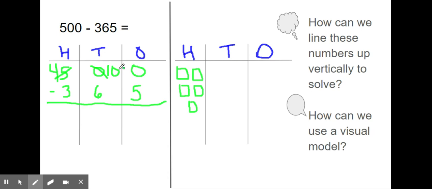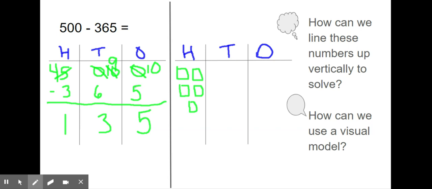So I just gave that to my tens. So now I have some tens I can unbundle, right, to give to my ones. So I'm going to unbundle a 10. Now I have 9 tens, and give that 10 to my ones. Now I'm ready to subtract. 10 take away 5 is 5. 9 take away 6 is 3. And 4 take away 3 is 1.